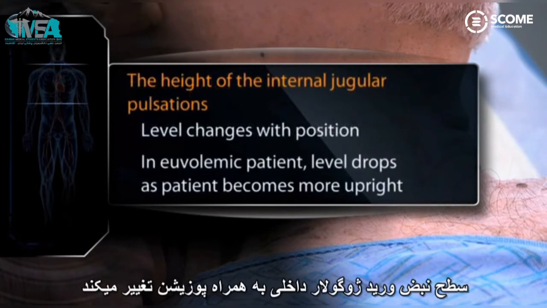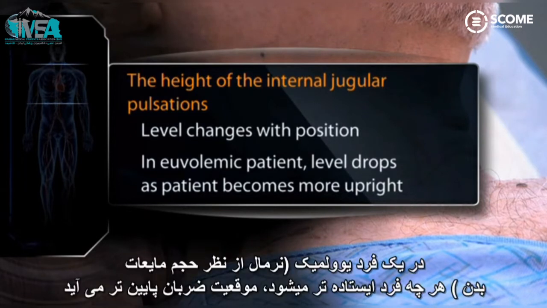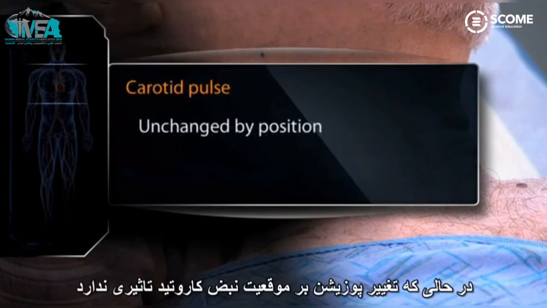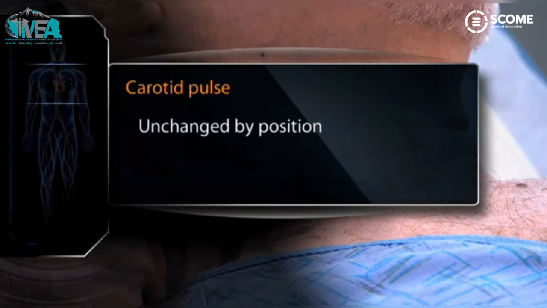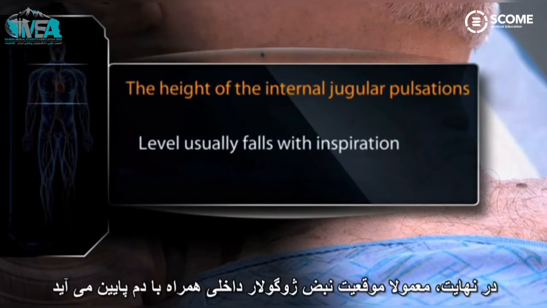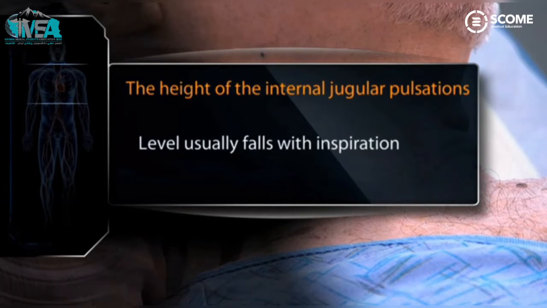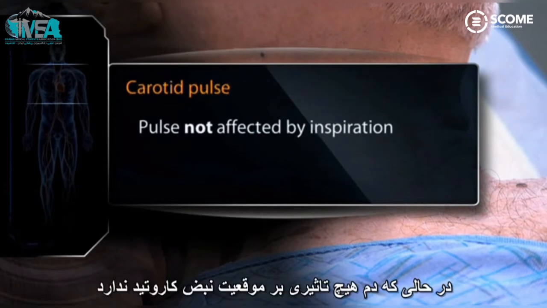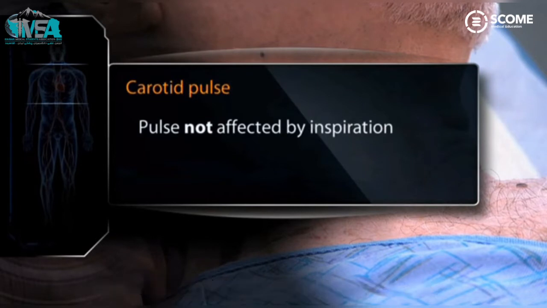The level of internal jugular pulsations changes with position. In a euvolemic patient, the level in the neck drops as the patient becomes more upright, whereas the carotid pulse is unchanged by position. Finally, the level of internal jugular pulsations usually falls with inspiration, whereas the carotid pulse is not affected by inspiration.